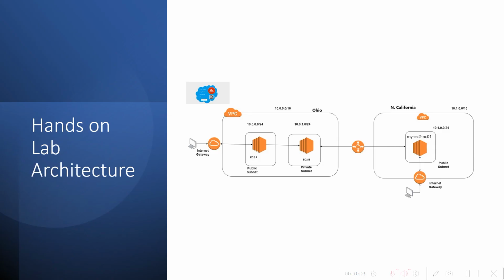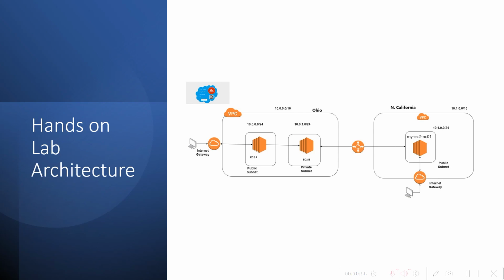So this is the architecture of our lab. Here we will be using the VPC which we deployed in the Amazon VPC class in the Ohio region, and this VPC contains two EC2 machines, one in the public subnet and one in the private subnet. In this class we are going to deploy one more VPC in the North California region, with one public subnet and one EC2 machine inside the public subnet.